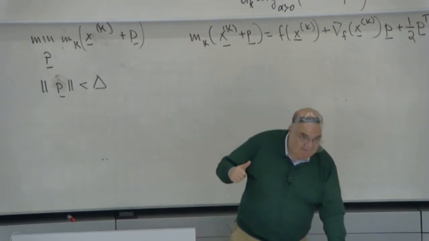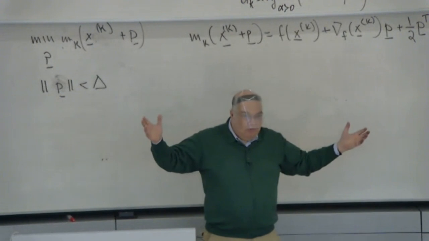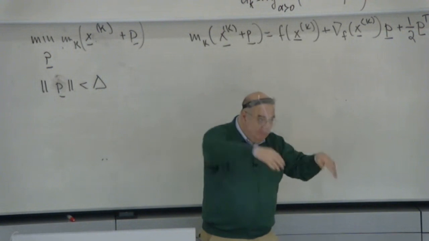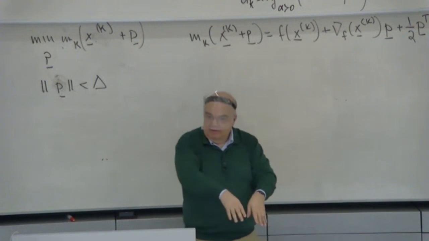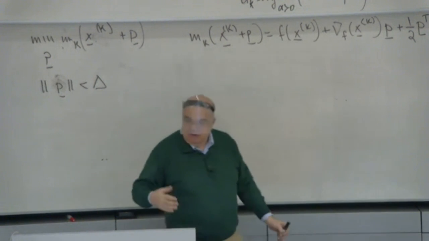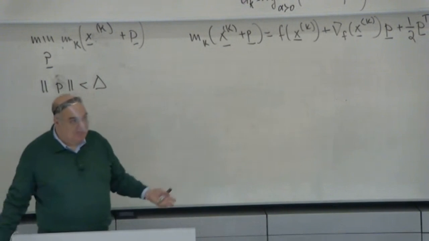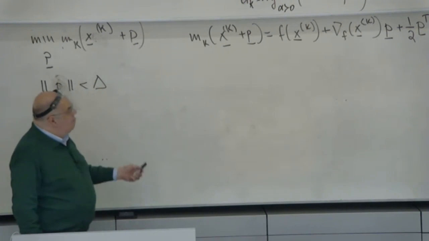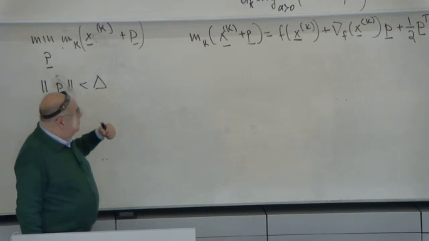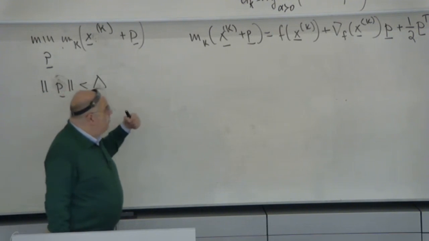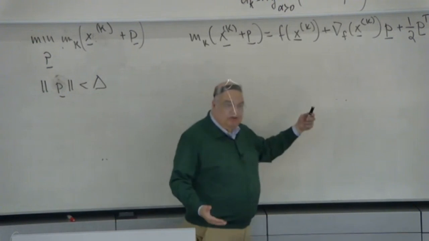You can't use f because otherwise all the components of p will be inside the f. It would be a nightmare to solve that problem. It would be a multi-dimensional optimization problem in itself. So you use a model. The model is a second-degree approximation.